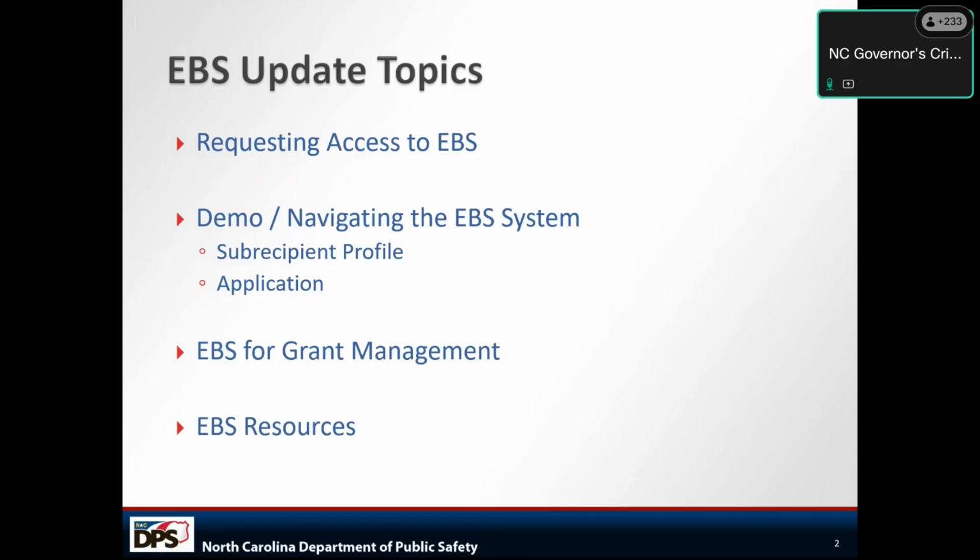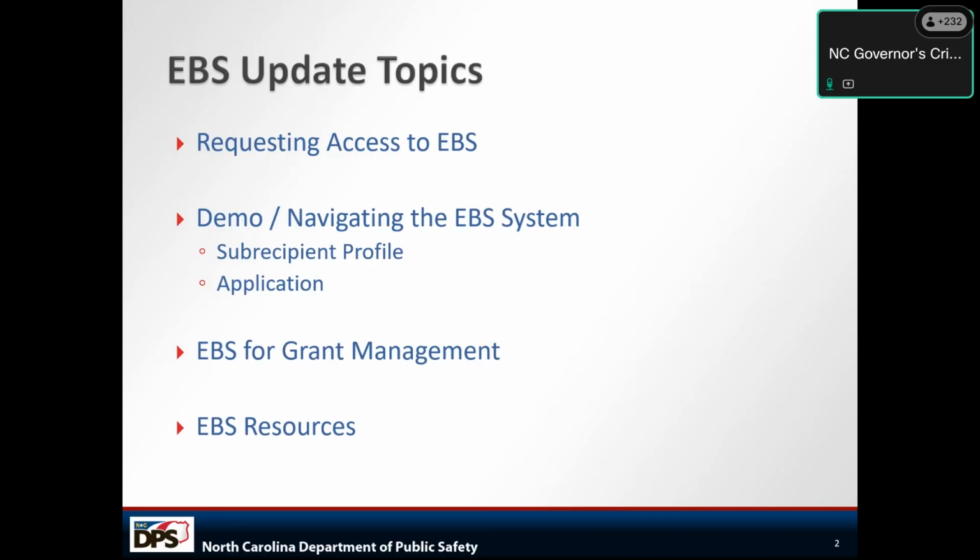Before I start, let me tell you, EBS stands for Enterprise Business System. We have been using this for right at 2 years. October of 2023 is when we moved from a system called GEMS to a system called EBS. So we're going into our 3rd year using the system. It is owned by the state and managed and built by the state.